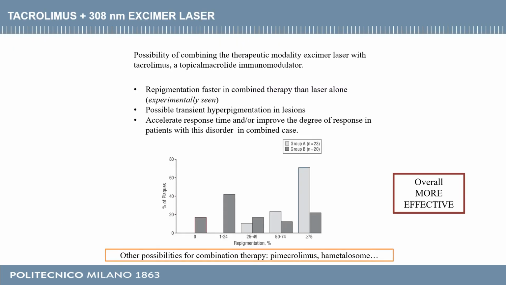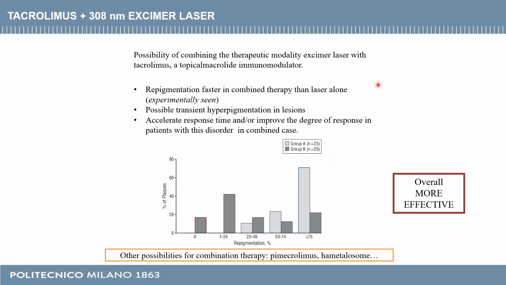Now, moreover, the studies about lasers have concerned even a combination between monochromatic therapy and other species, like inhibitors or immunomodulators, that could enhance the clinical frame of this treatment. In particular, it was demonstrated that the combination treatment of tacrolimus plus the 308 nanometer excimer laser is superior with respect to the laser monotherapy for the treatment of UV-resistant vitiligo lesions.